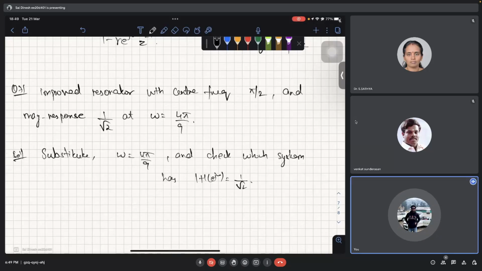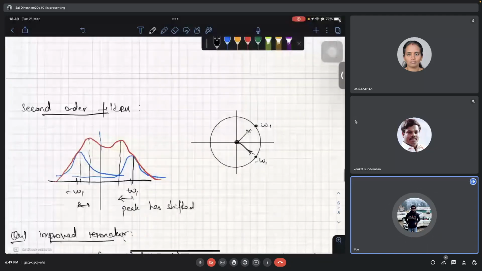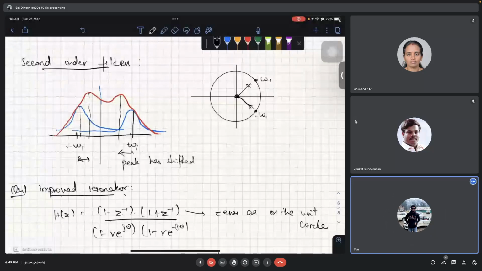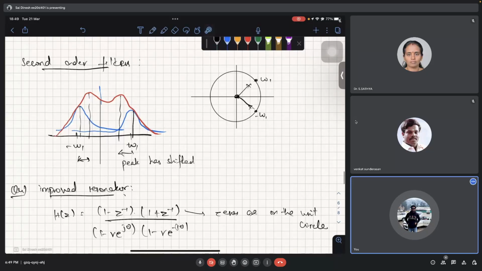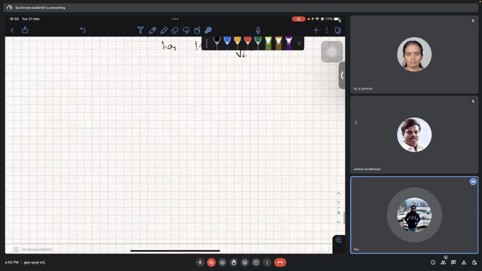As I have said earlier, in the frequency response we know that if there are poles at locations omega 1 and minus omega 1, what is the center frequency here? The red one is actually the frequency response here. Something like this.